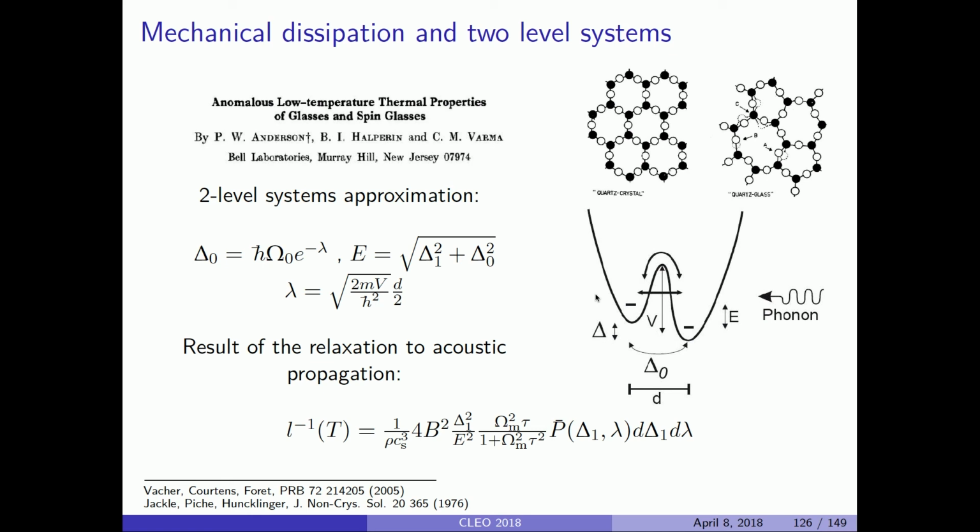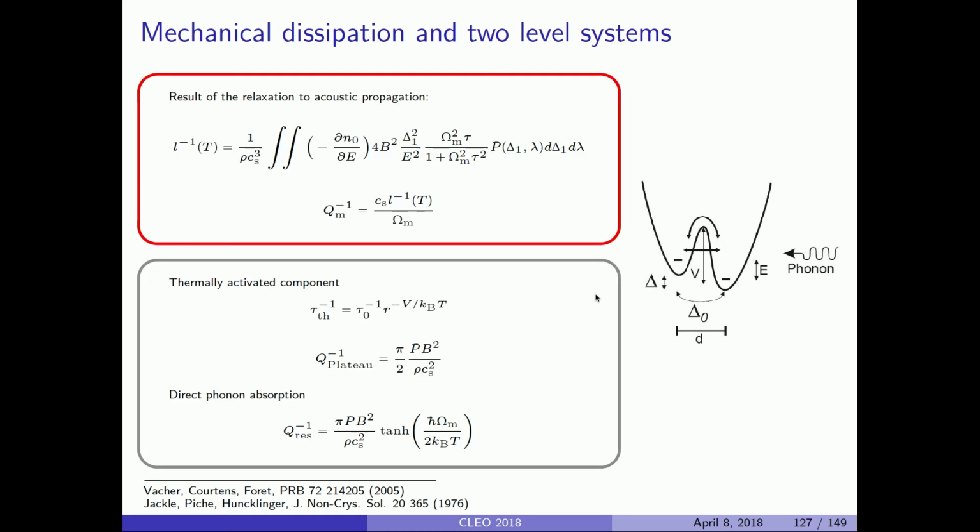Silicon is a very good material. Anything amorphous, unless it's under stress, will at low temperature have a very low quality factor. And so this again leads to two components. You have this so-called tunnel plateau that is very universal, within an order of magnitude for a wide range of materials. And then if you go to lower temperatures, there's a region where you have so-called direct phonon absorption, a situation where all your two-level systems are in the ground state.